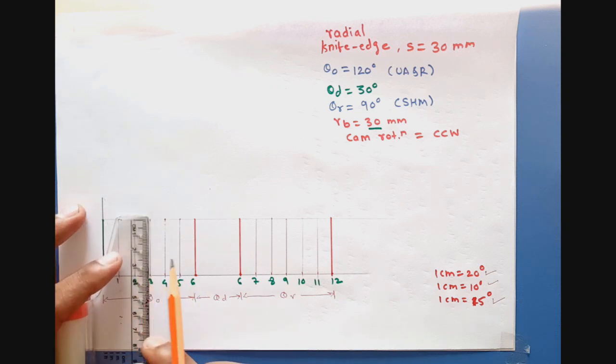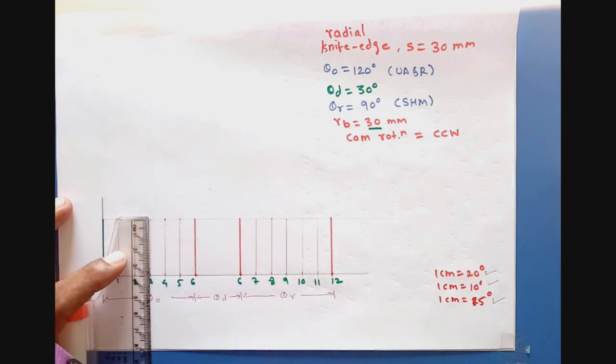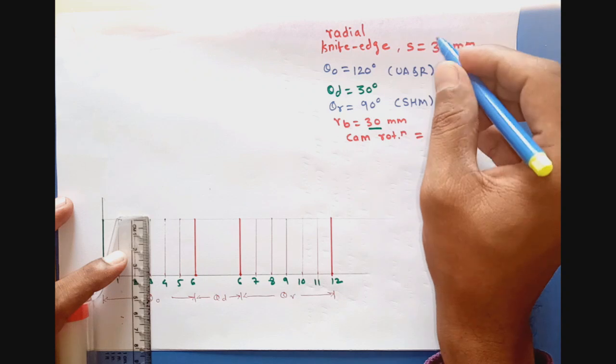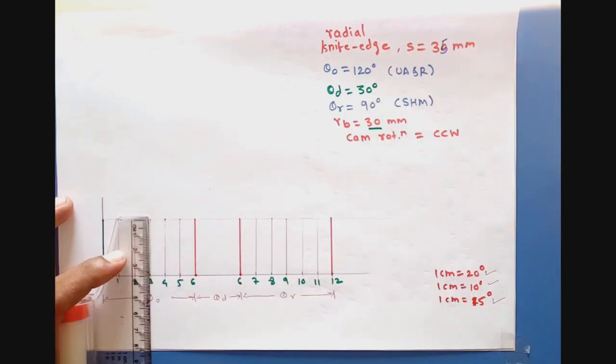So line number 3 is 35, so I have by mistake taken the stroke as 35, so I will change the value here to 35. So 35 divided by 6 is 5.8 millimeters approximately.